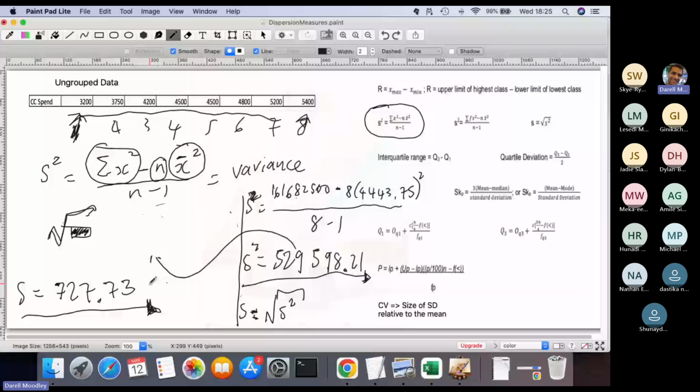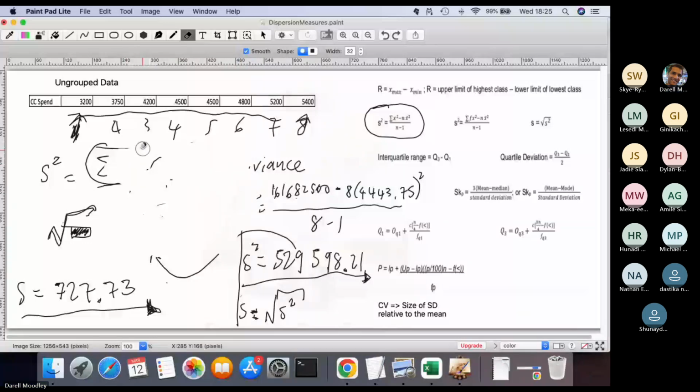Another thing you can get asked is for your coefficient of variation. Now you may ask, what is the coefficient of variation? You don't need to memorize the formula. I'll give it to you now.